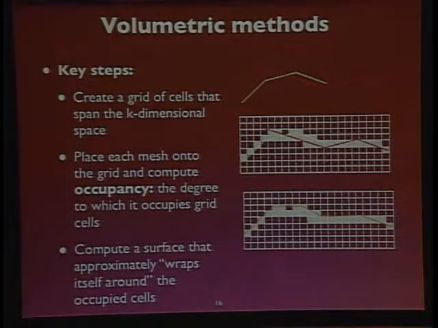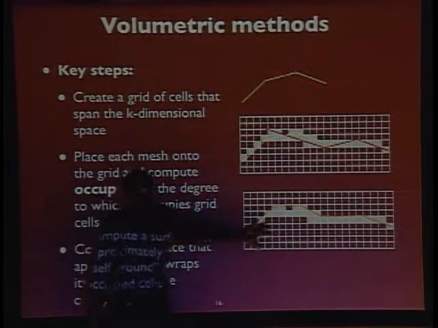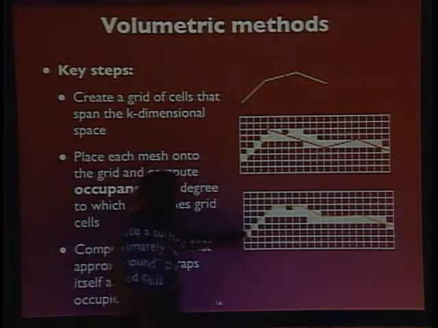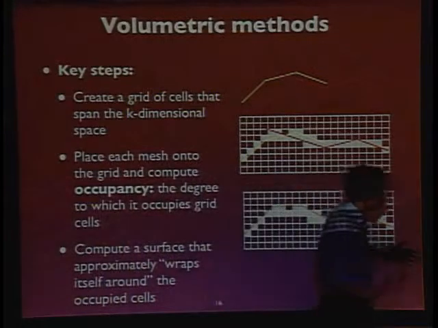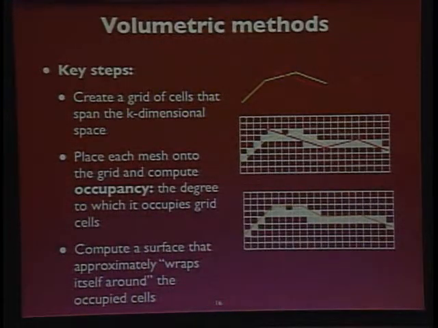Just take my word on it for the time being that there exist such algorithms that take just occupancy grids as input and output surfaces such that the surfaces in some way represent the part of space that is occupied by the occupancy grid. Is this clear? Okay.